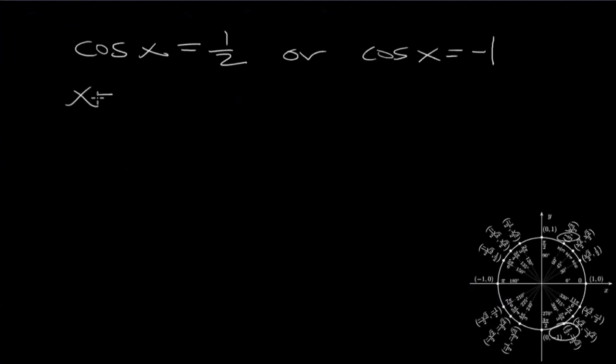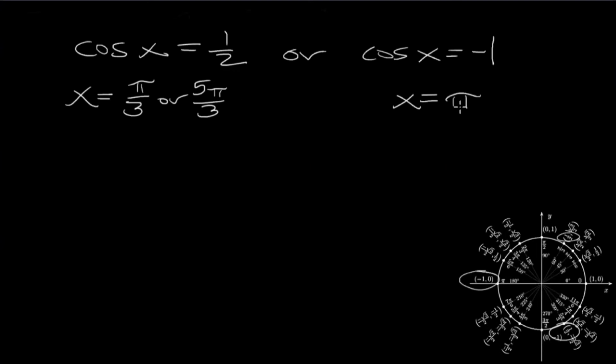So x could be equal to pi/3, or is that 5 pi/3? Yeah. And then going to cosine of x equals -1, where's the only place that that happens? Pi. Okay, so there's our solutions so far.